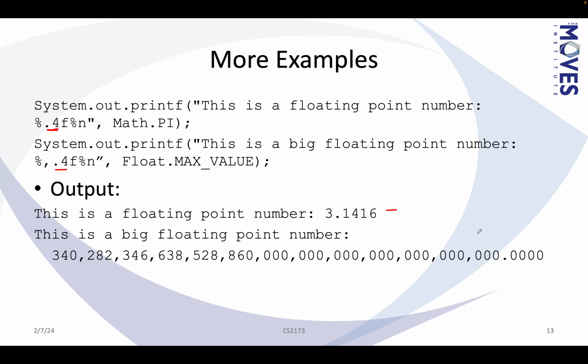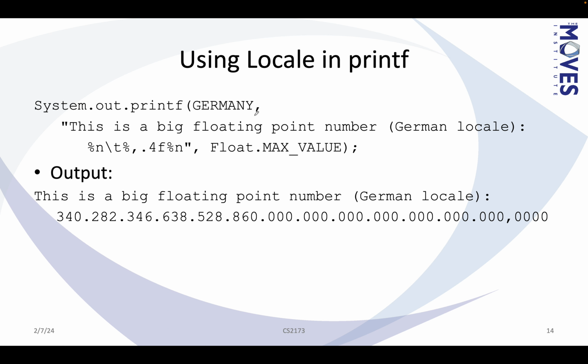But what if I was somewhere else? If I was in Germany and I wanted to print that, I can use what's called a locale. There's a locale for almost all the countries, and what it will do is print the number using the conventions of whatever that locale happens to be.